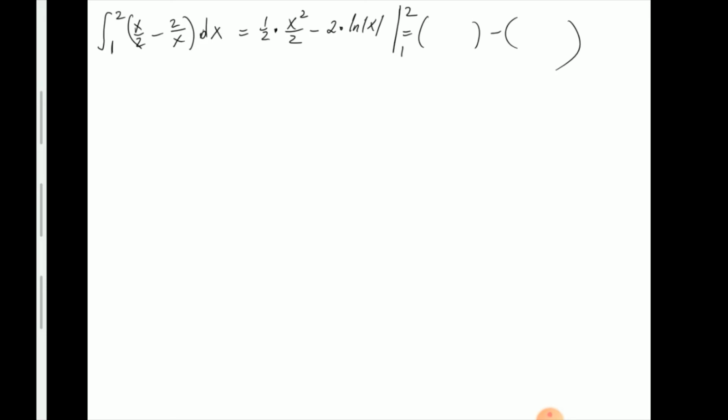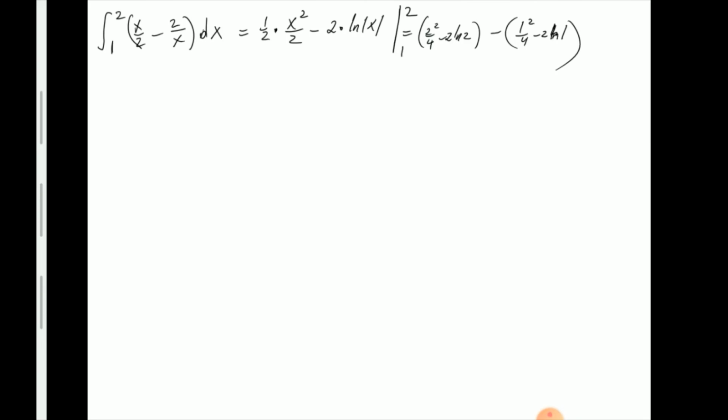In the first parenthesis, plug in 2. That's going to be 2 squared over 4 minus 2 ln of 2. And then minus parenthesis and plug in 1, the other bound of integration. That's 1 squared over 4 minus 2 ln of 1.